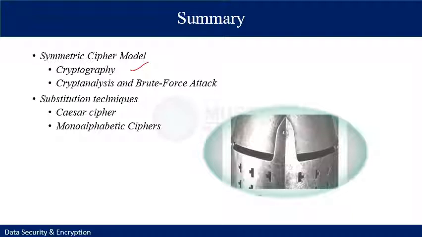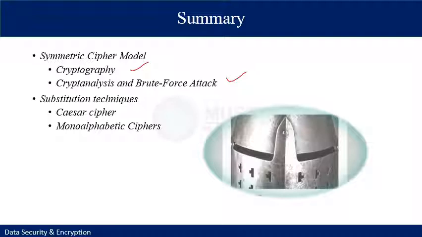There were two common techniques of cryptography known as substitution and transposition techniques. We also discussed some concepts of cryptanalysis and brute force attacks. A brute force attack is done by trying every combination of input or secret key, and cryptanalysis is a technique to find out information to defeat the performance of your encryption algorithm.